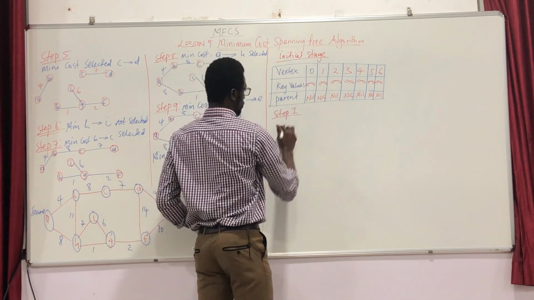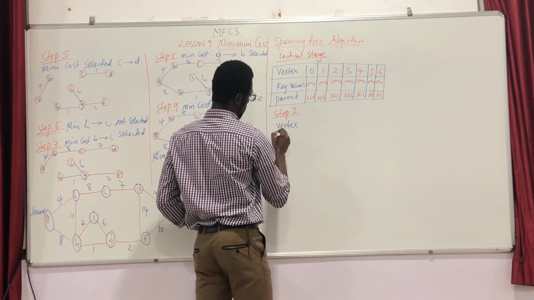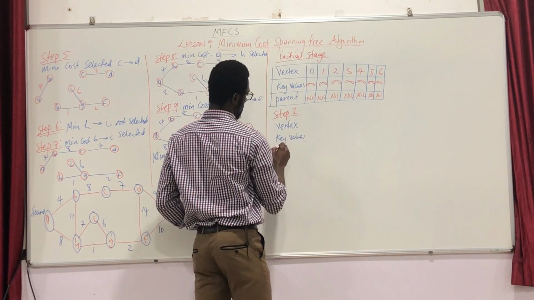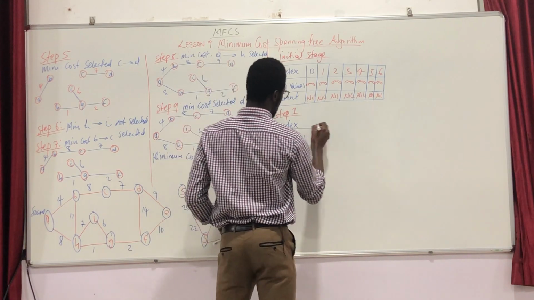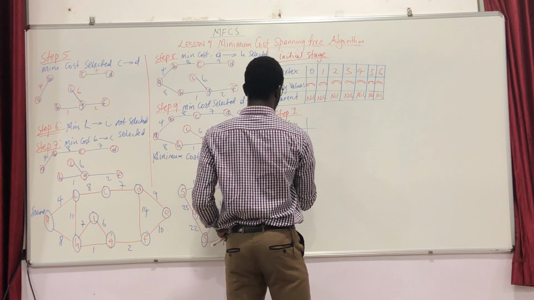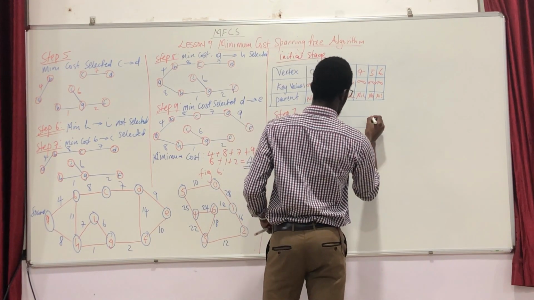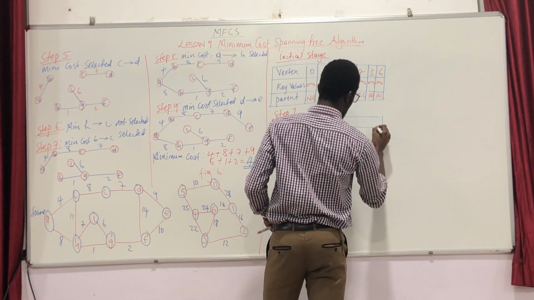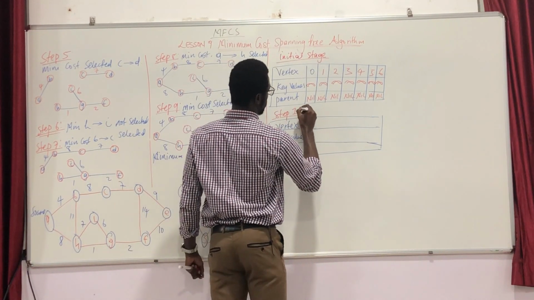So now we draw the same table here: vertex, key values, parents, and minimum cost.